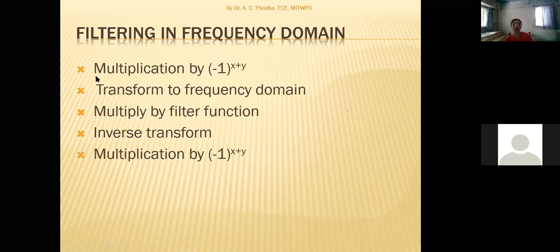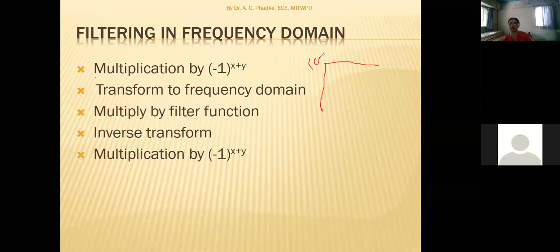Now why do we need these additional steps, multiplication by minus 1 raised to x plus y? The reason is, in the case of images, we use the leftmost topmost corner as origin (0, 0). So we consider the image as shown here.